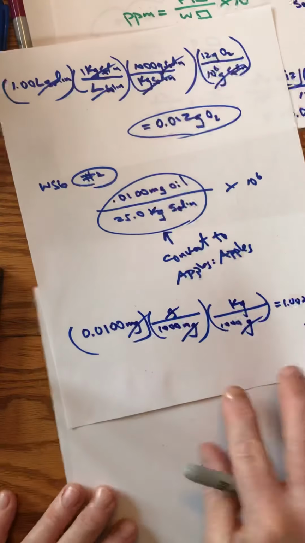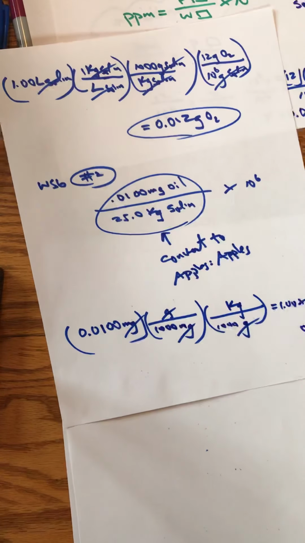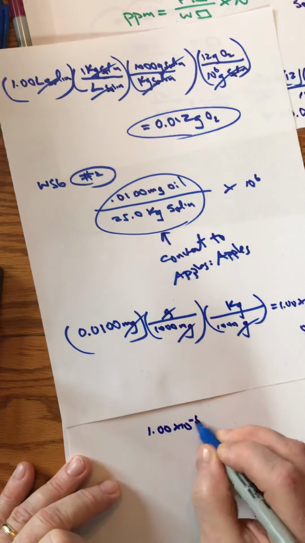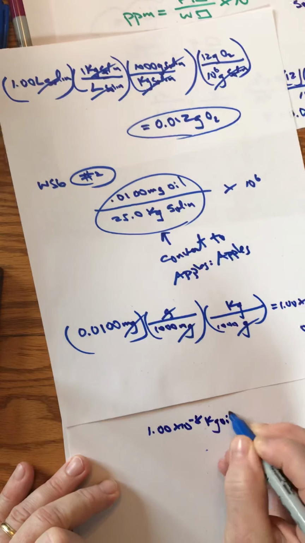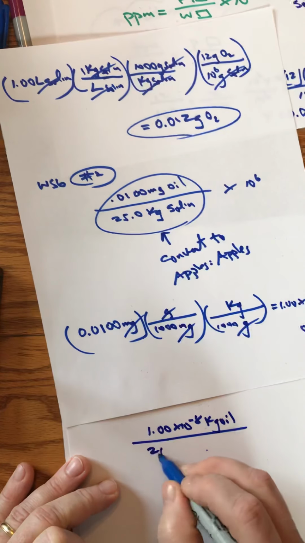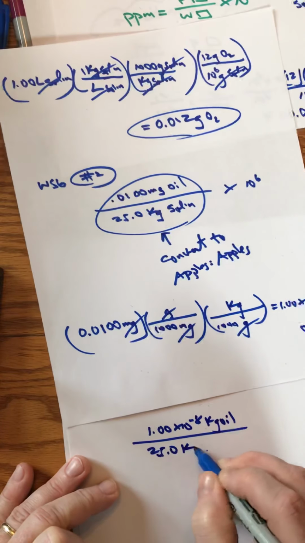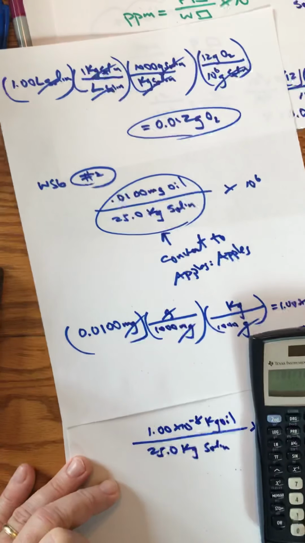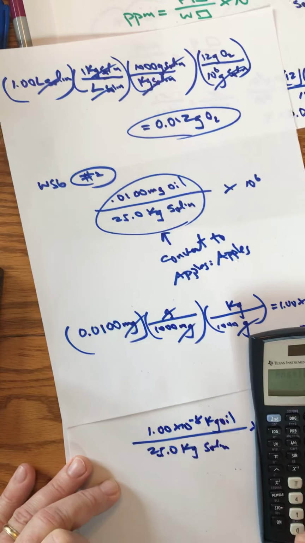So, if I want to know my parts per million, I've got 1.00 times 10 to the -8th kilograms of oil over 25 kilograms of solution times 1,000,000. So 1 times 10 to the -8 divided by 25 times 1,000,000.